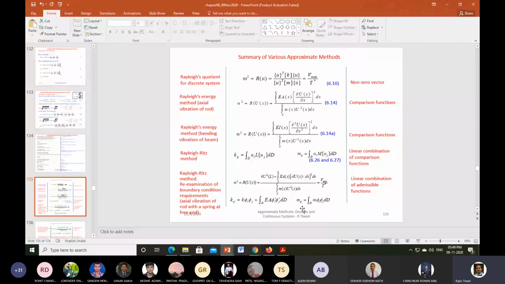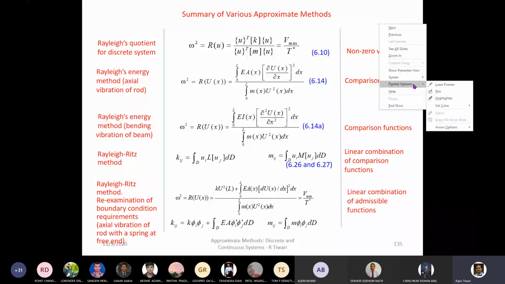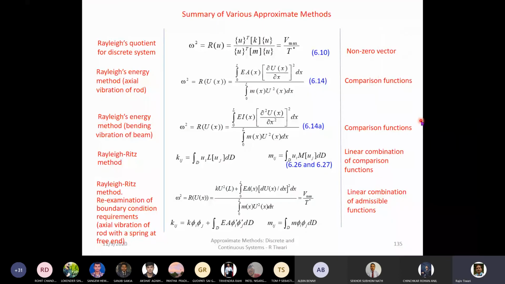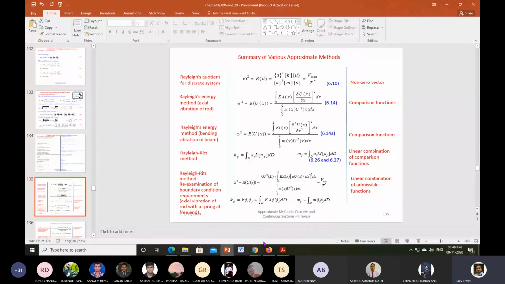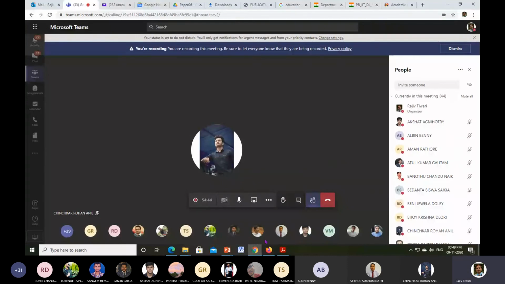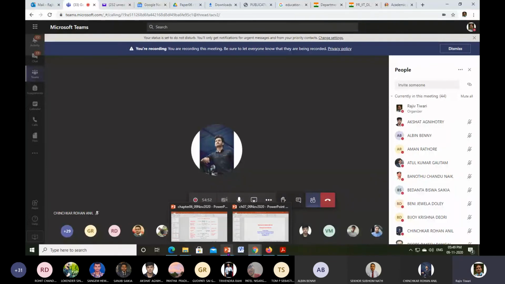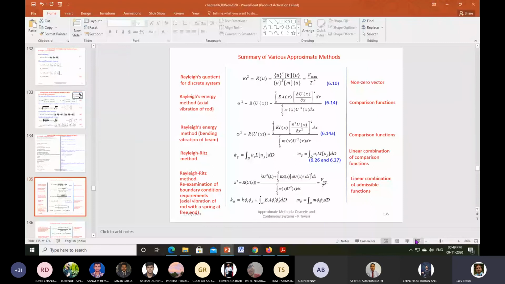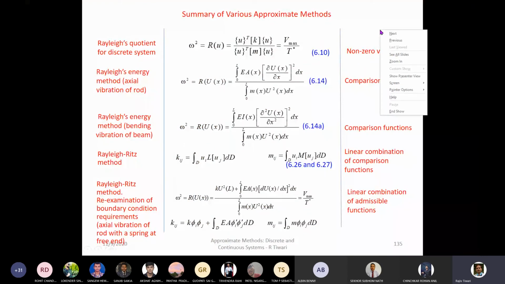So I'll summarize this particular section, because several methods are there and they look very similar to each other. So that's why I try to summarize. Hello, any question? Okay. So I'm trying to summarize this within 2-3 minutes.